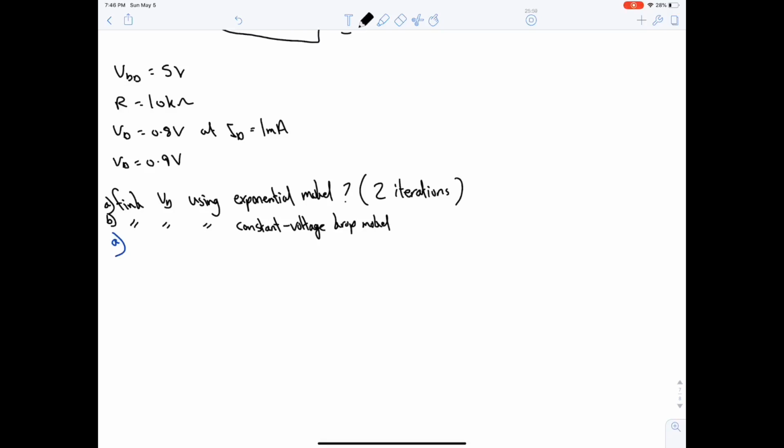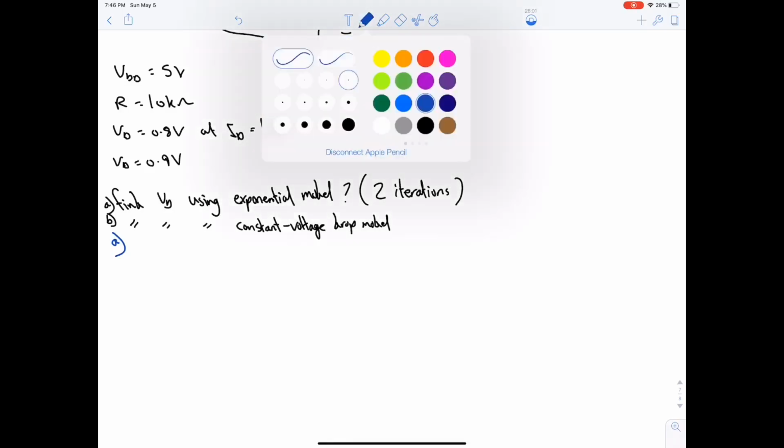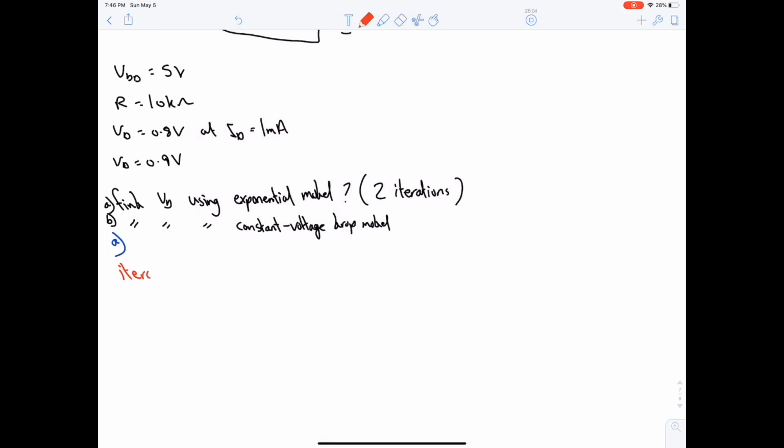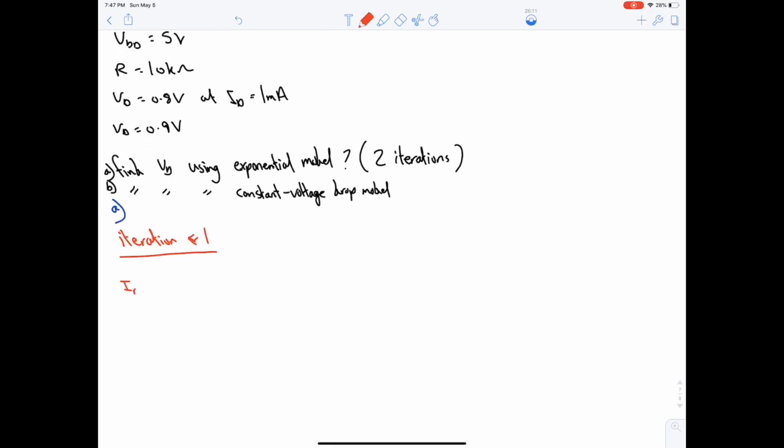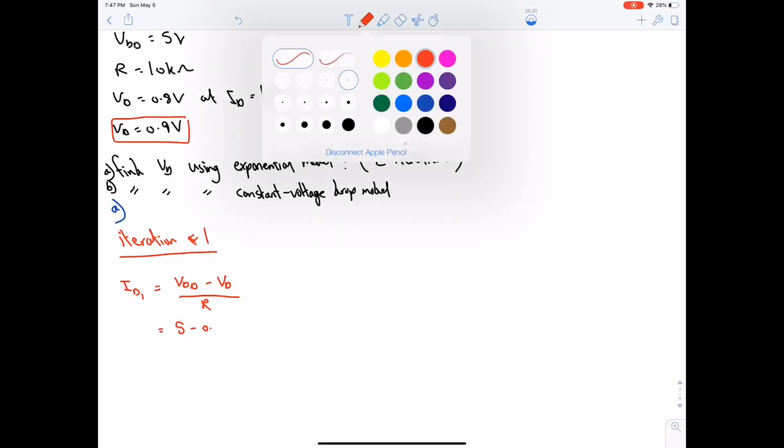For the first part, we need to start with iteration number one. For the first iteration, we need to find ID1. Now ID1 is equal to VDD minus VD divided by R. VDD is 5, VD is 0.9, because it's not the sample, but it's the default value, which the instructor has changed, and now it's 0.9.